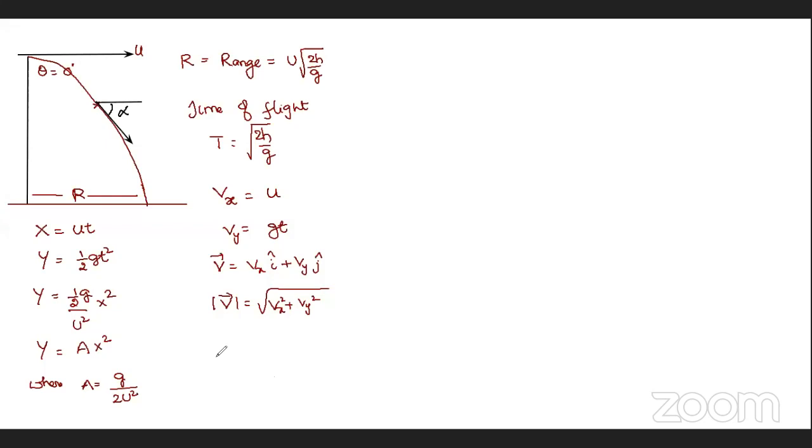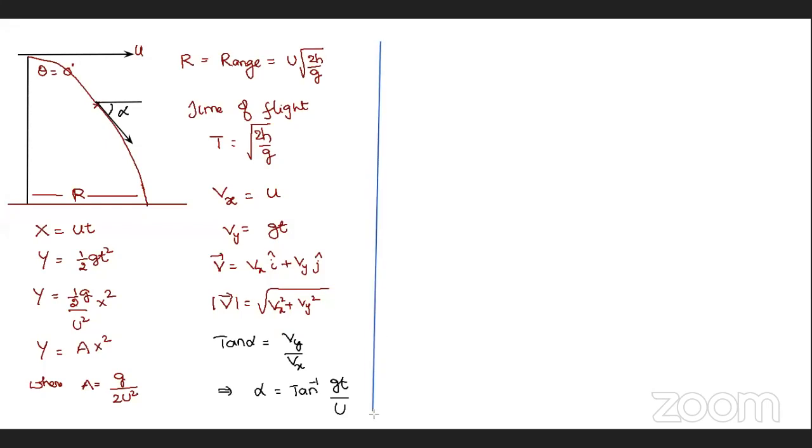Tan alpha is equal to v y by v x. That implies alpha is equal to tan inverse of v y, which is g t, by v x, which is u. Very good. So these were the parts what we discussed in the previous class.